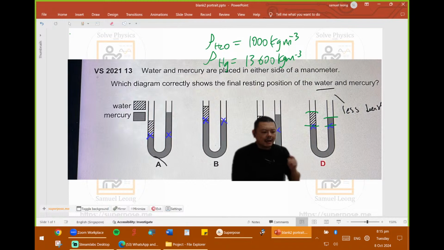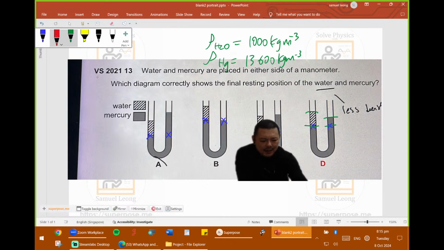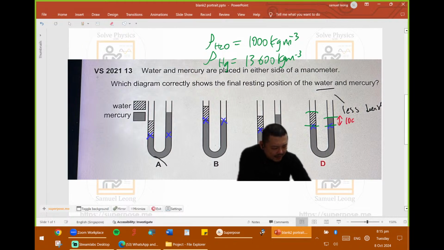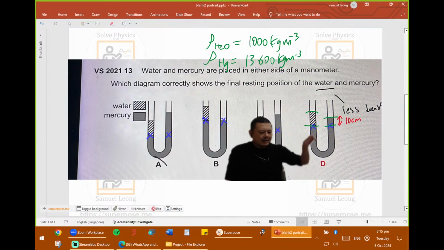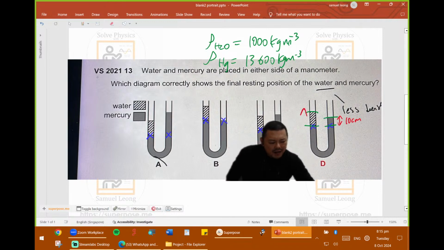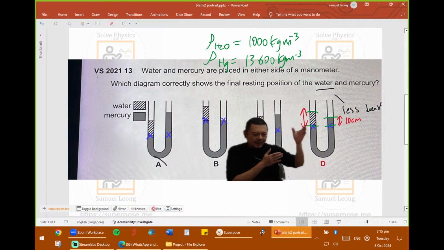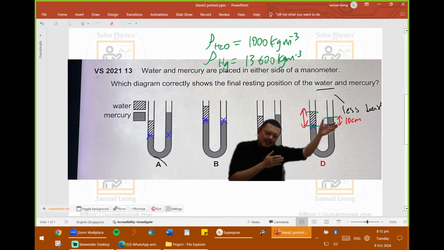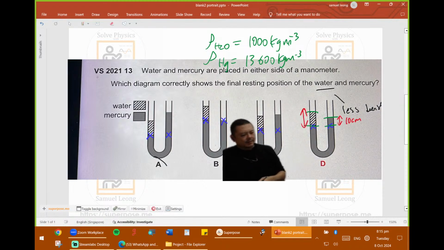Based on that, I want to ask you, if for example this height here is 10 cm, that means I have 10 cm of mercury. What's the equivalent height of water that you need to balance the 10 cm of mercury?